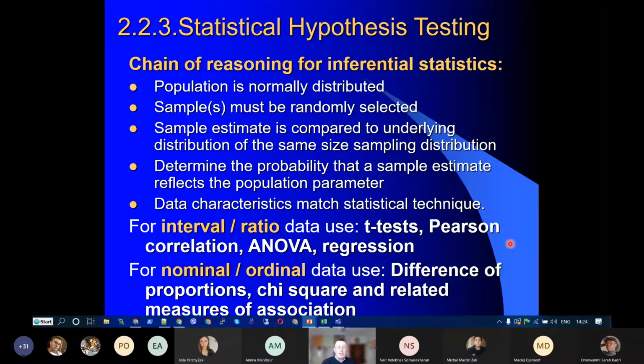Data characteristics must match statistical techniques. For example, for interval and ratio data, we talk about parametric statistics like the t-test, Pearson correlation, ANOVA, and regression analysis. For nominal, ordinal, or categorical data, we use difference of proportions, chi-square, and related measures of association.